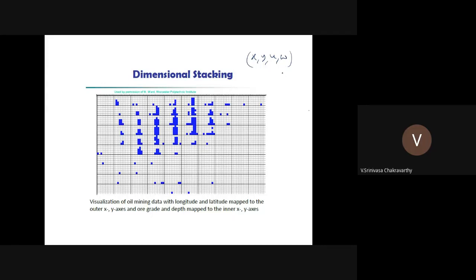Imagine a graph with 2 scales, where the bigger squares indicate the XY positions. Within each of these squares, there is again a smaller graph which indicates UW positions. So you are able to depict 4 dimensions using this kind of double graph, a graph within a graph.